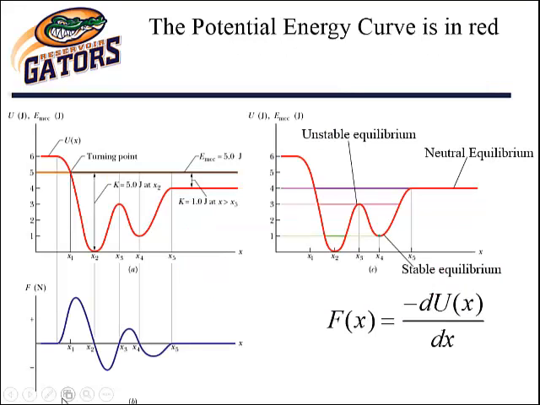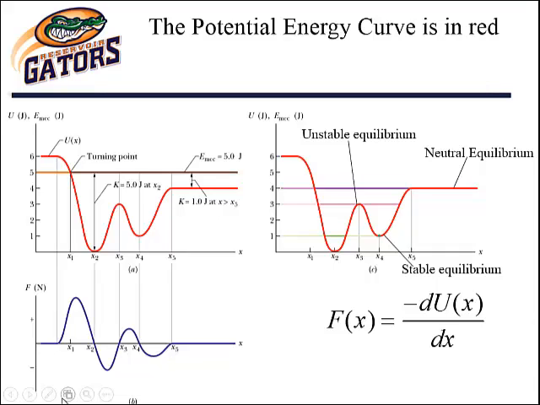Okay, so here's some graphs. The red lines are the potential energy function, and the left and right graph are the same graph. They just have a little bit different information on it. And then the blue graph is a force graph, which is the derivative of the potential energy function, but the negative of that. Okay, so let's look at the upper left-hand graph.